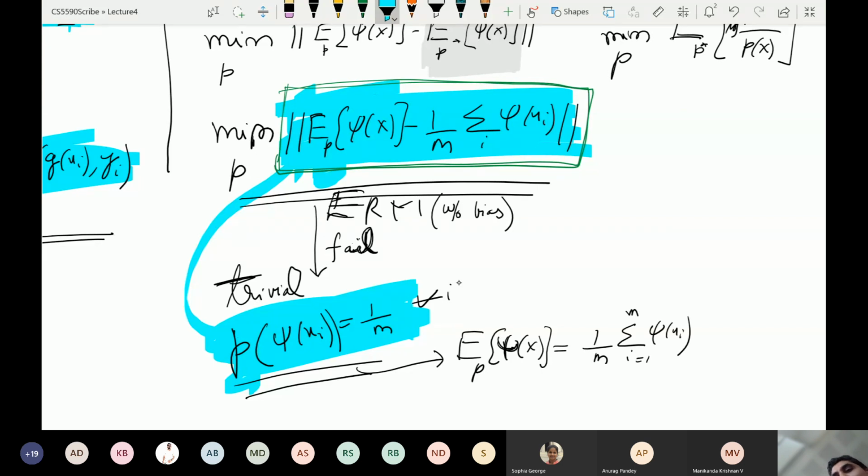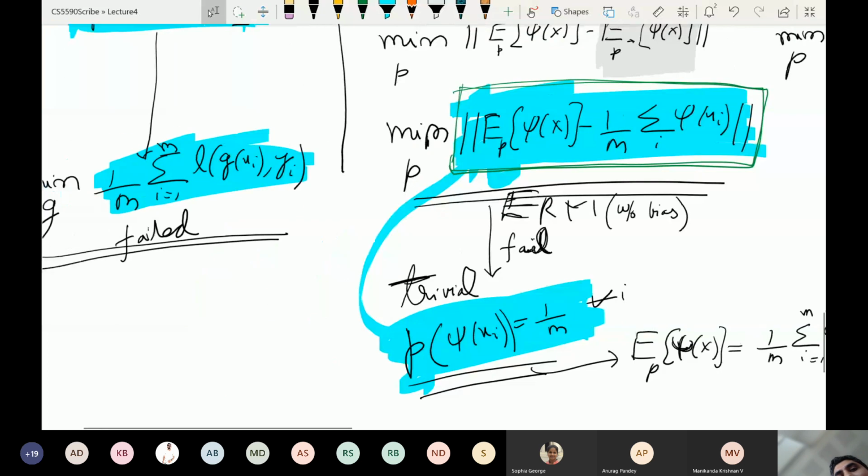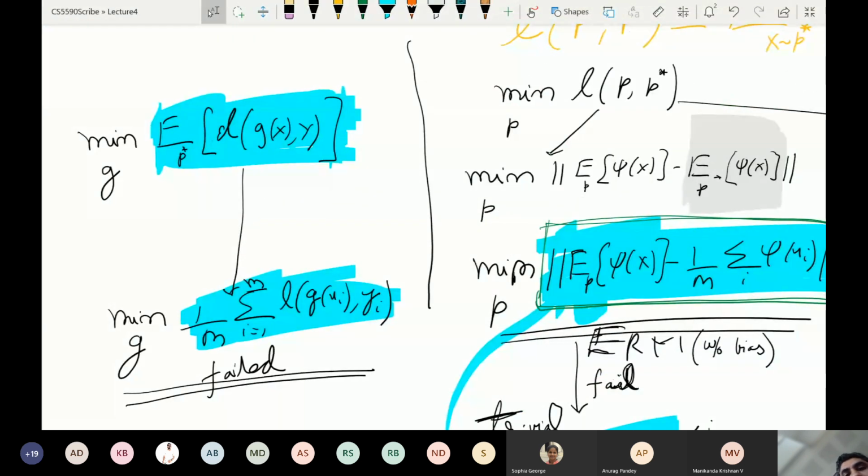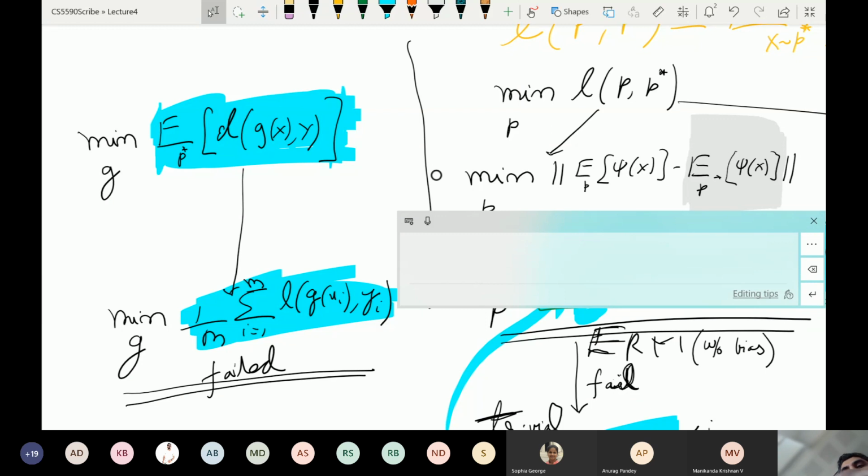If you solve this problem and ask what the true risk is, it will be very high, because the probabilities are very low for any other point.